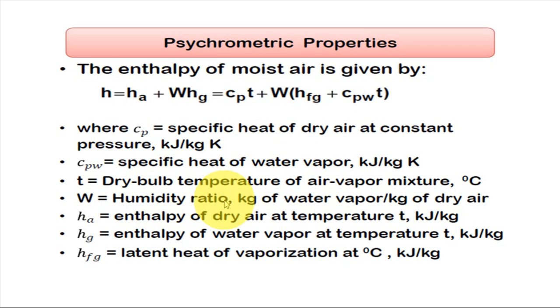W is the humidity ratio, expressed in kg of water vapor per kg of dry air. HA is the enthalpy of dry air at the same temperature, Hg is the enthalpy of water vapor at temperature T, and HFG is the latent heat of vaporization in kilojoule per kg.